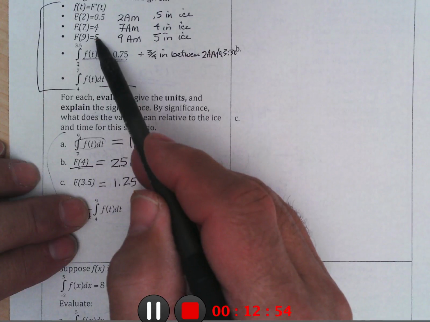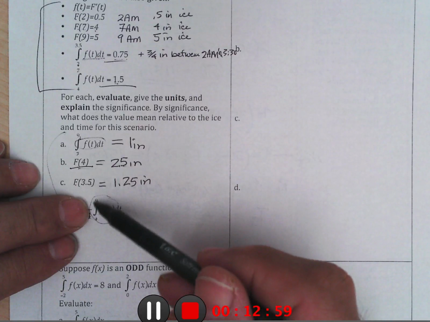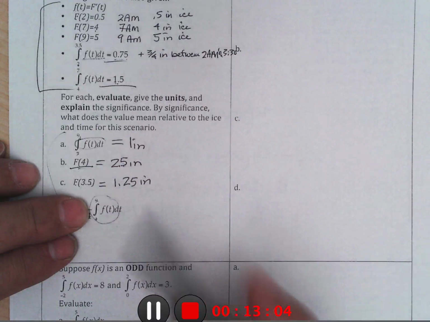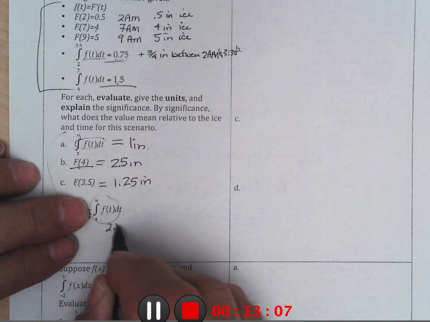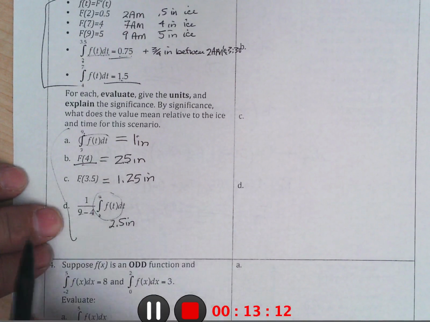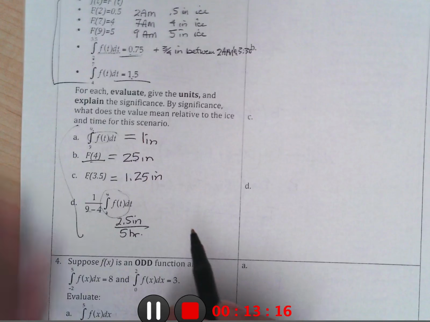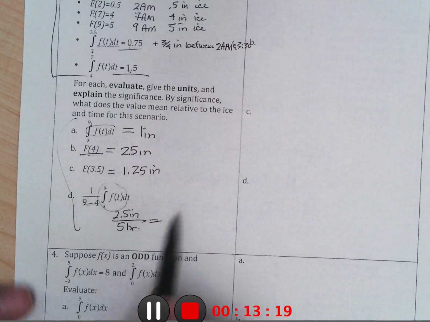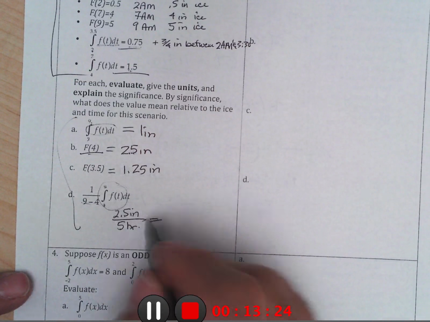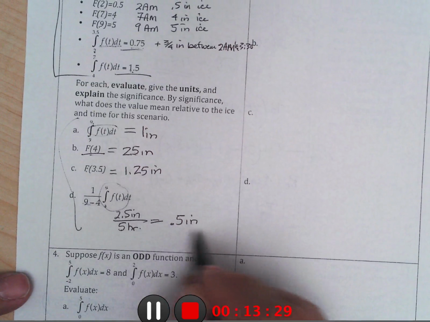So the increase between 4 and 9 is 2.5 to 5, 2.5 inches in that time span, and that's over 5 hours. So how many inches did it get per hour on average? So 2.5 divided by 5 is 0.5 inches per hour.